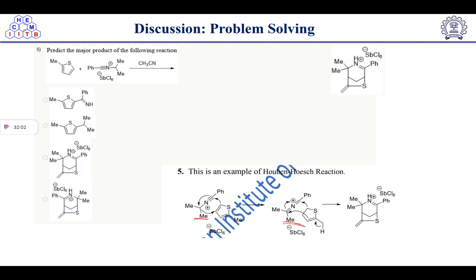Now this nitrogen intermediate will further be attacked by this double bond here, and after that attack, we'll get this type of product. So here the correct answer is option number this.